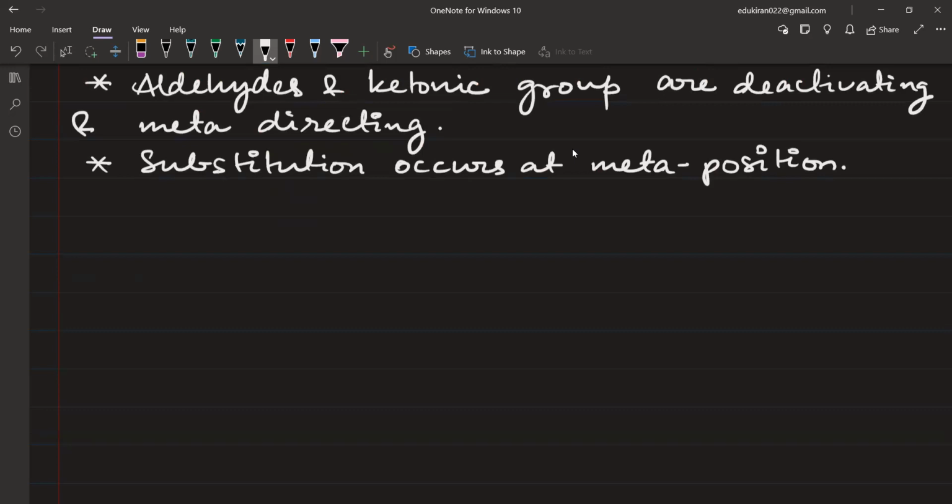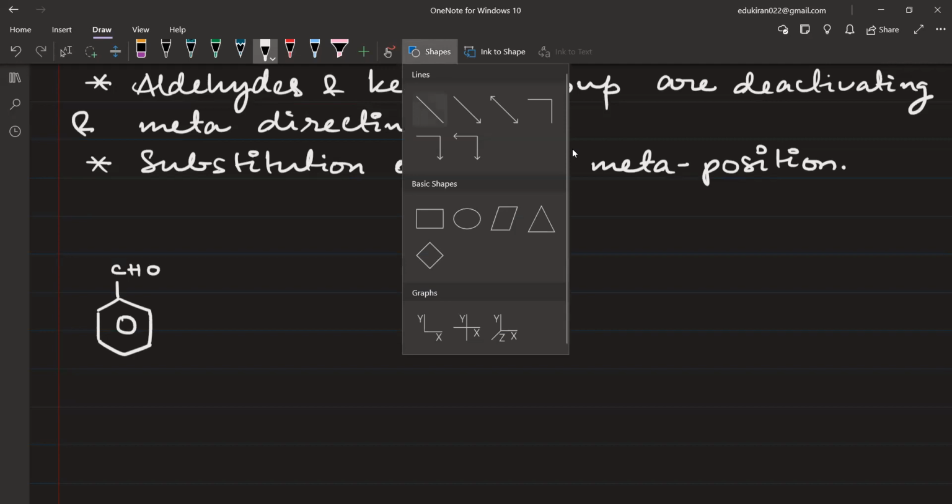Okay. So here we have benzaldehyde, and we can have different reagents here.